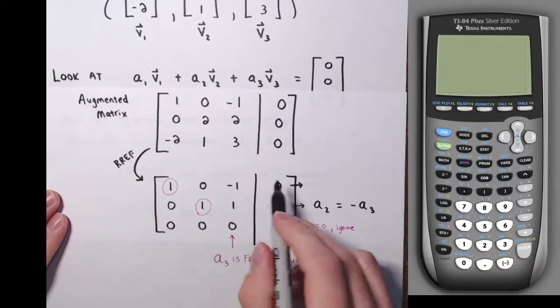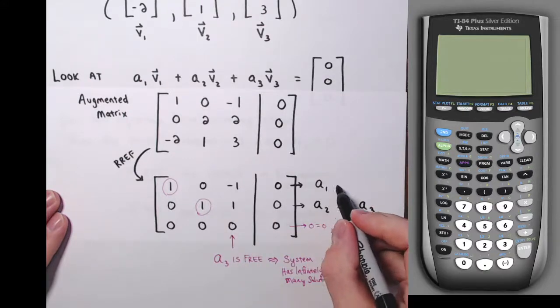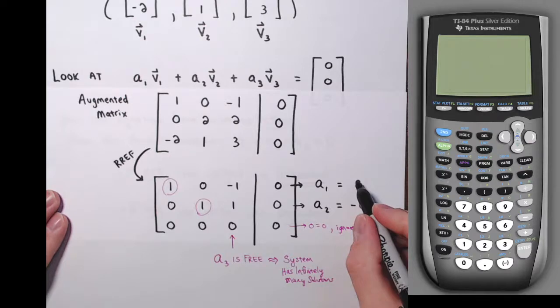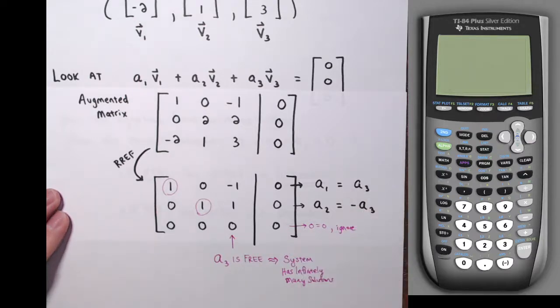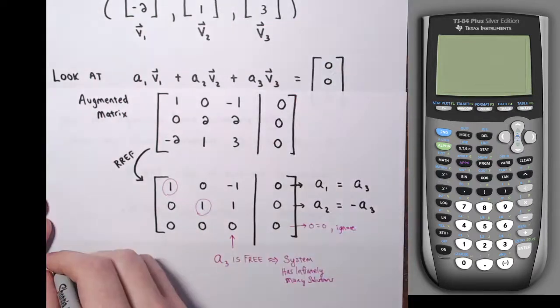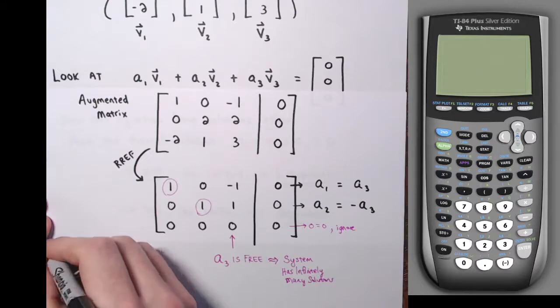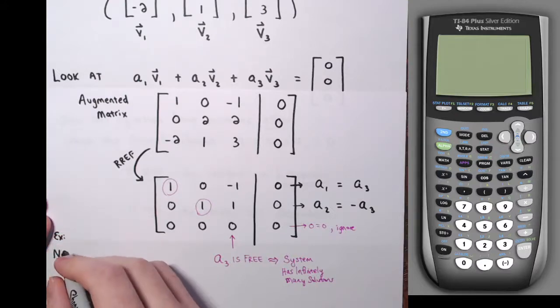Then I add a3 and solve for a1. The value of a1 will be equal to a3. And again, a3 is whatever I want. So here's an example of a non-trivial solution to this system.